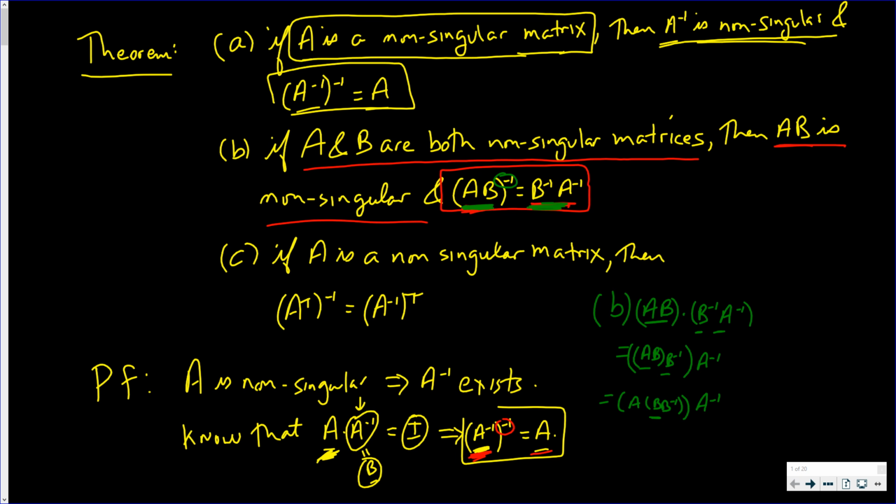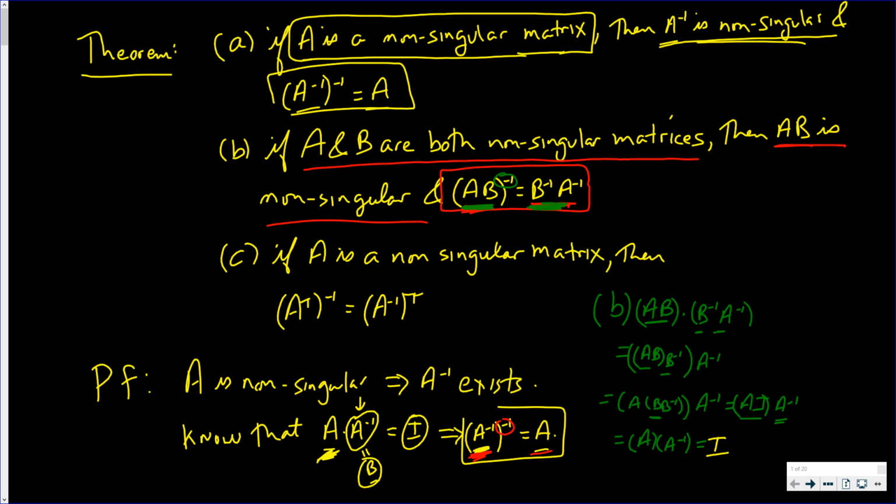Now this is the identity. So we have A times the identity times A inverse. But A times the identity is just A, and when I multiply that by A inverse, I get the identity matrix.